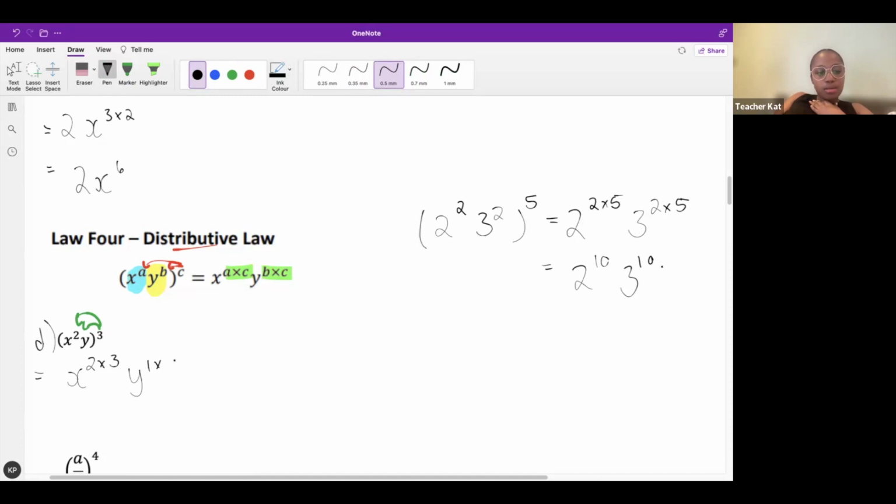So it'll be 1 times 3. And then my final answer will be x to the power of 6 times y to the power of 3, all cubed. Okay, you must learn that vocabulary.